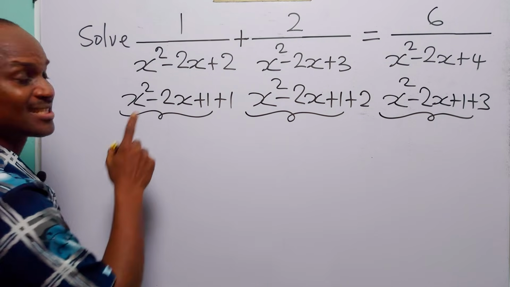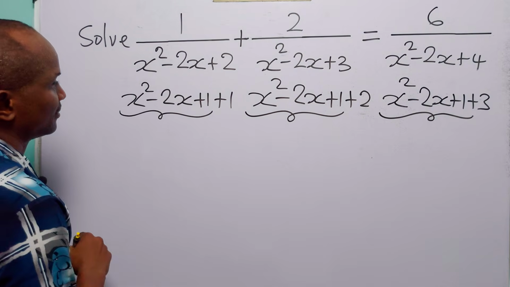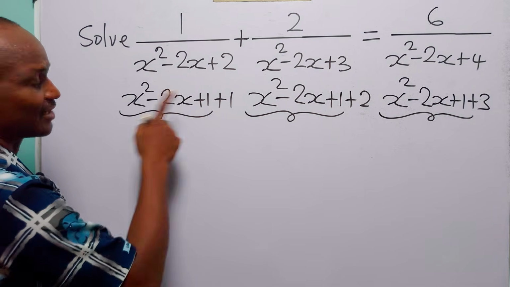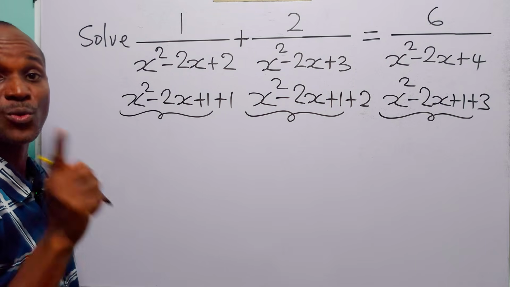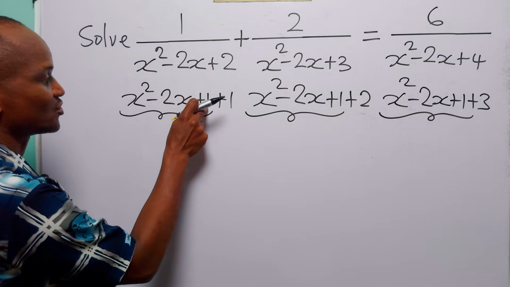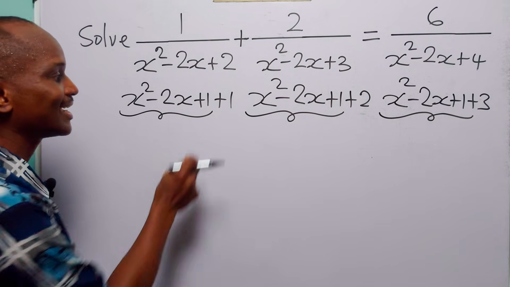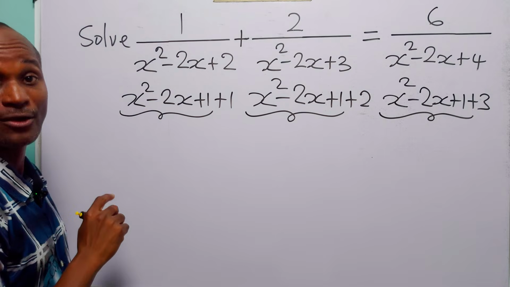So let us look at this quadratic expression, x squared minus 2x plus 1. Of course, you know that we can factorize this expression because since the coefficient of x squared is 1, all we have to do to factorize x squared minus 2x plus 1 is to find the factors of 1 that add up to minus 2.